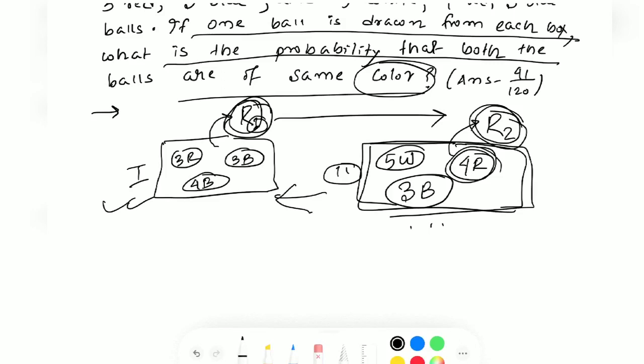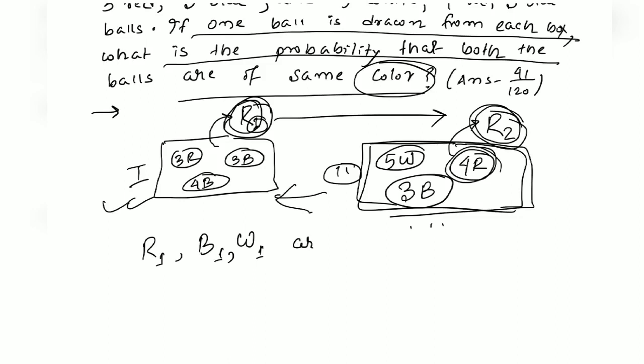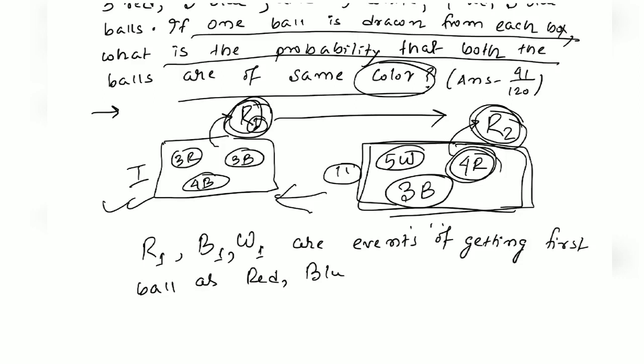To do that, first write that R1, B1, W1 are events of getting the first ball as red, blue and white respectively.